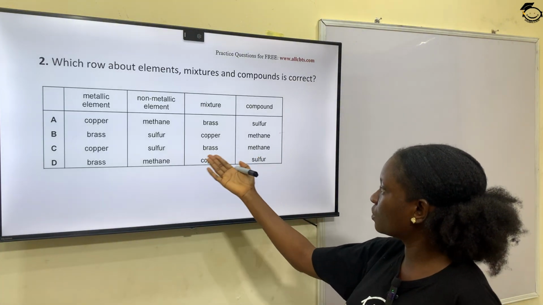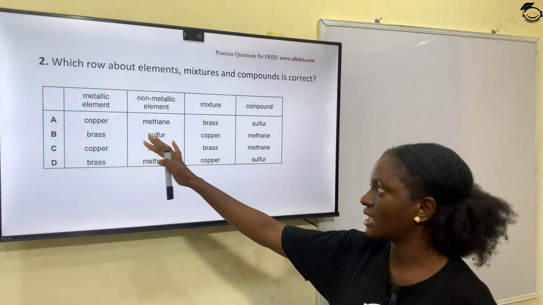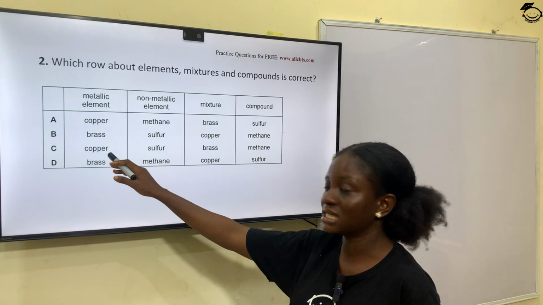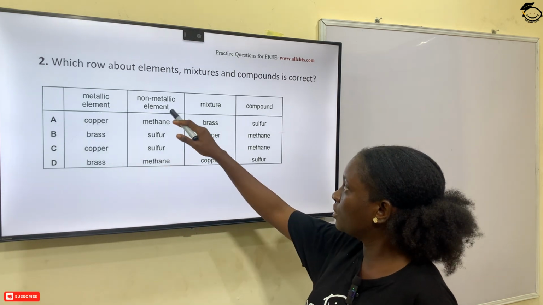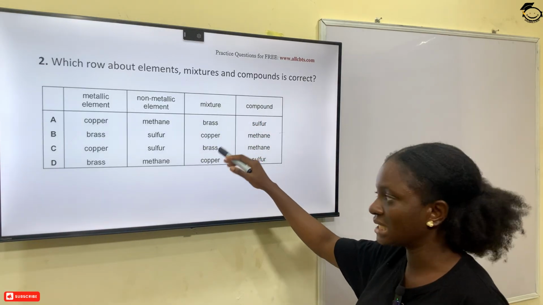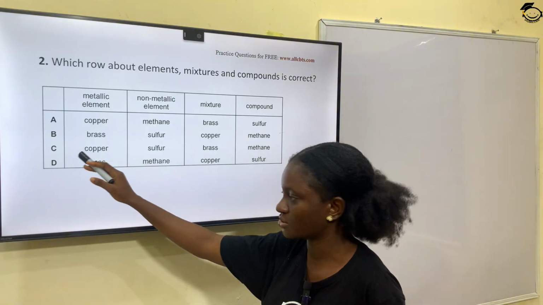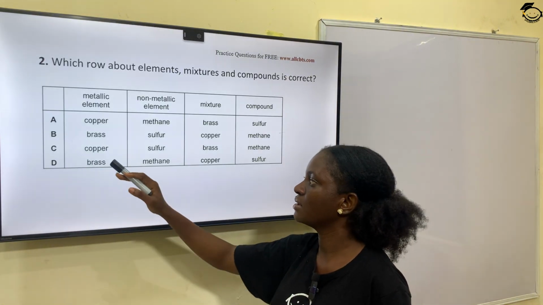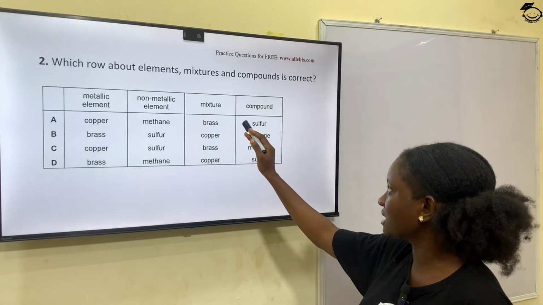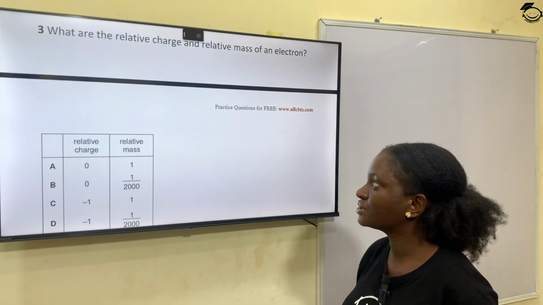So let's see which one is correct across the headings in the table. We have copper as a metallic element, sulfur as non-metallic element, brass as mixture, then for compound methane. So the only option that is correct here is option C, copper as metallic, sulfur non-metallic, brass as mixture, methane as compound, option C.